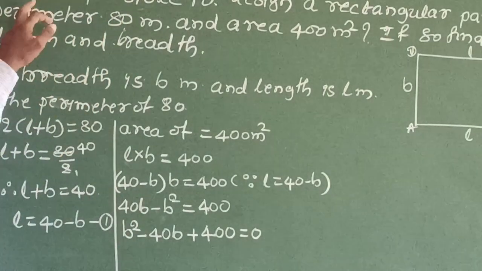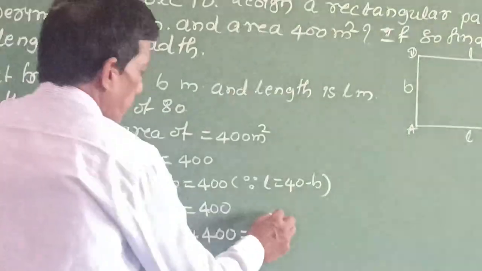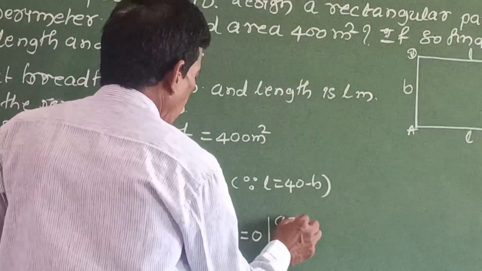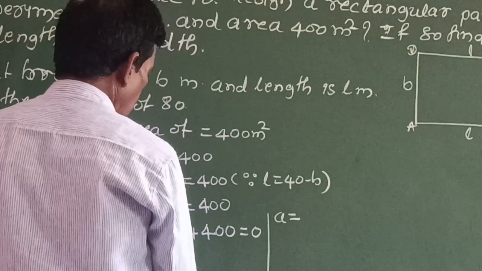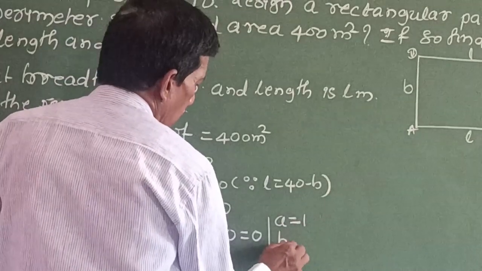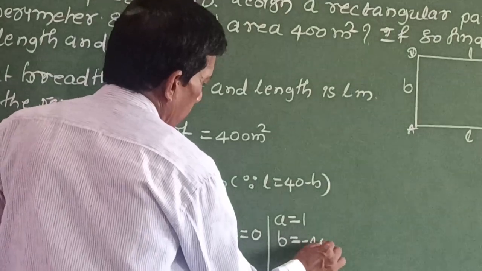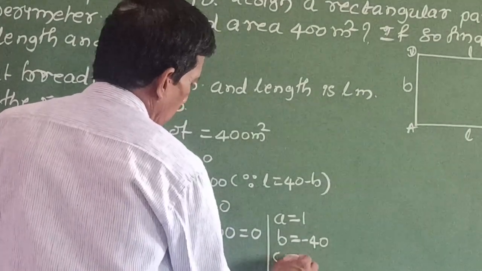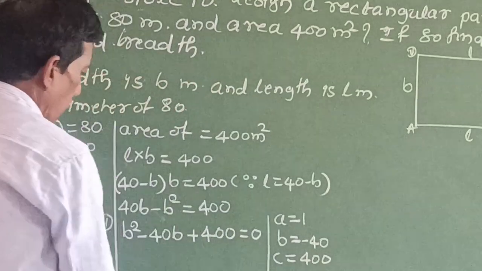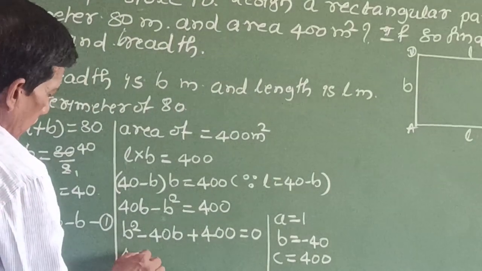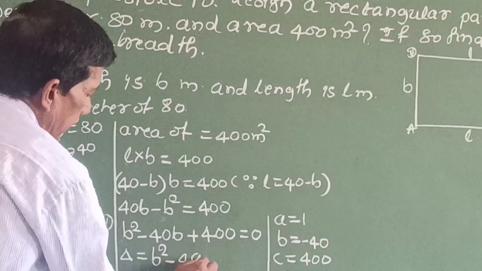Yes, that is the question: is it possible? So therefore check it. A equal to 1, B equal to minus 40, C equal to plus 400. Therefore delta equal to B square minus 4AC.